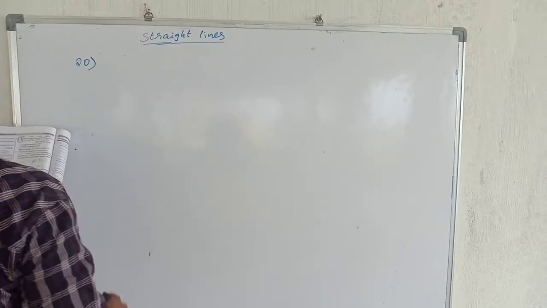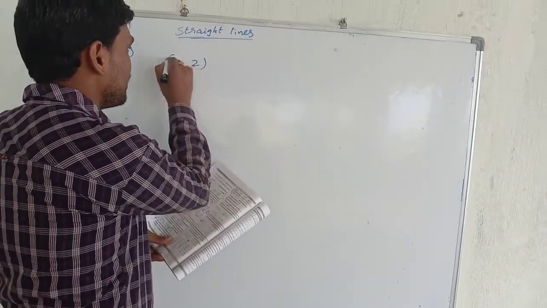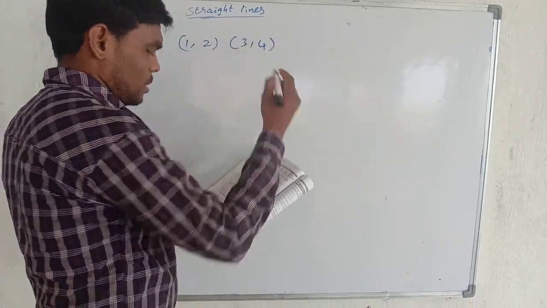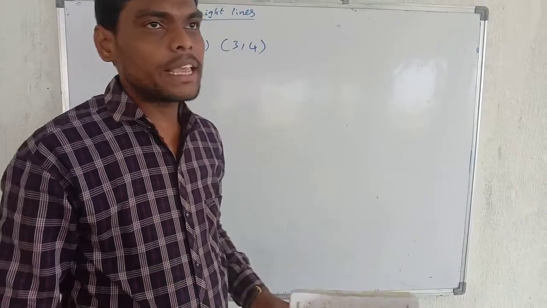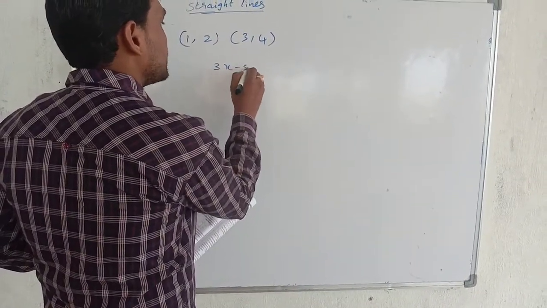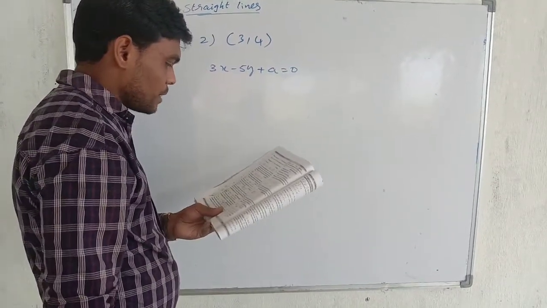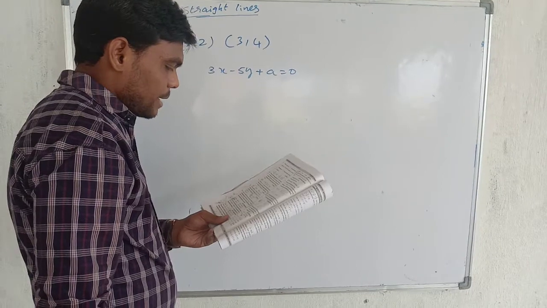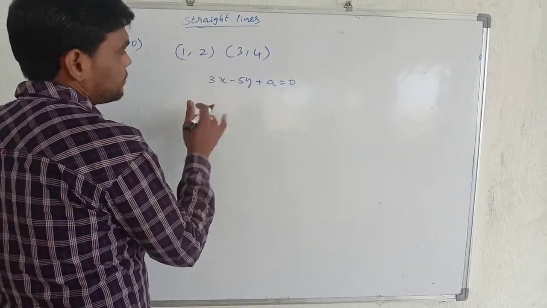Question: if the points (1, 2) and (3, 4) lie on the same side of the straight line 3x minus 5y plus a equals 0, then a lies in the set. Already the bit is solved.